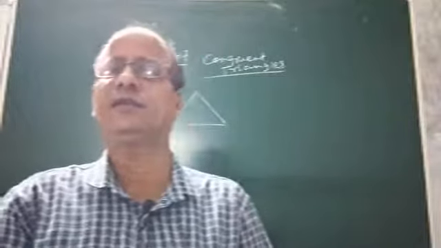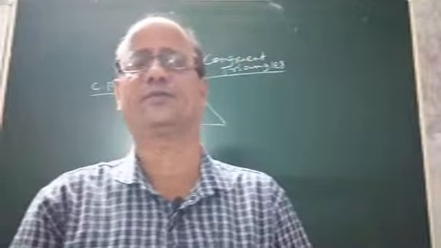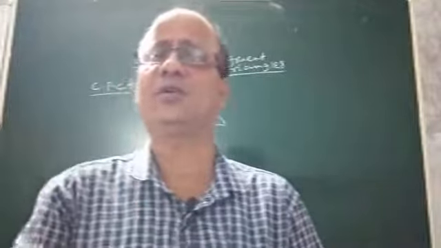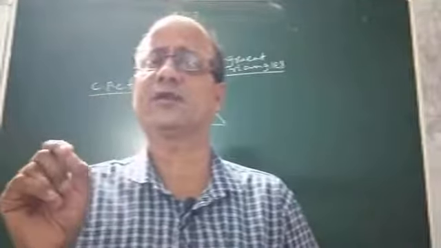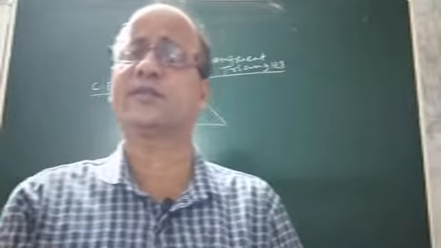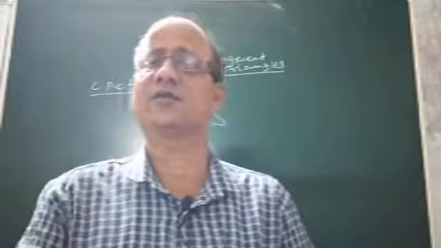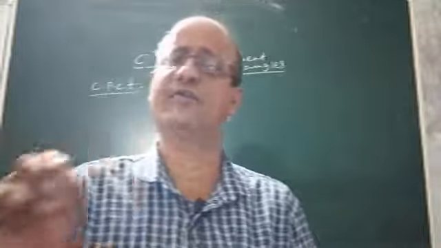Children, in the last class we were discussing different congruence conditions of two triangles, namely the SSS congruence condition, then the side angle side (SAS) congruence condition, then the ASA, angle side angle, congruence condition, then the RHS congruence condition.